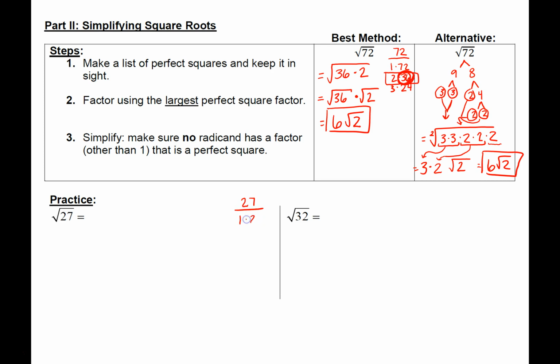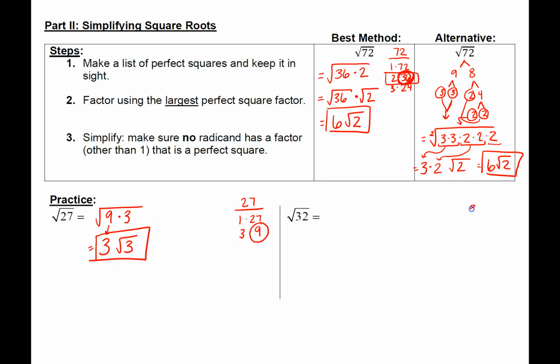So I've got 1 times 27. 2 doesn't go into 27 because 27 is odd. 3 times 9 is 27, and I'm going to stop right there because I have a nice big perfect number. I have a 9, so I'm going to write this as the square root of 9 times 3. The square root of 9 is 3, and the square root of 3 just stays the square root of 3. So that 9 I took the square root of, and I'm done with that.